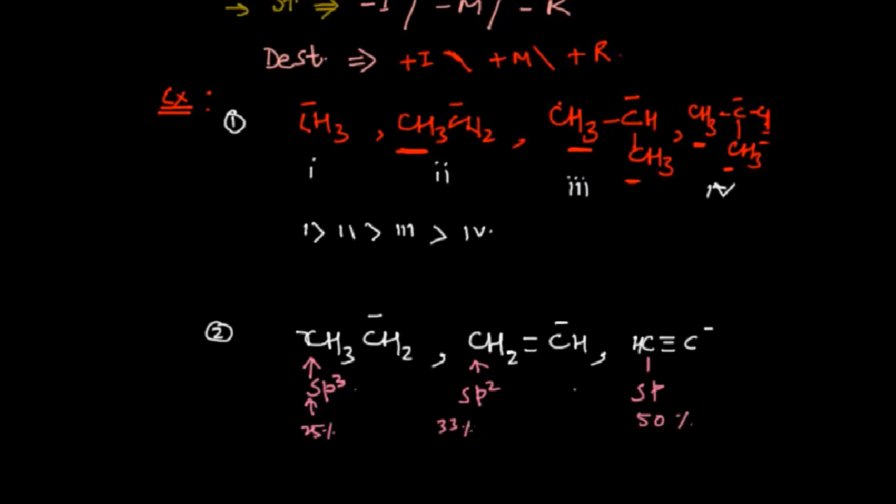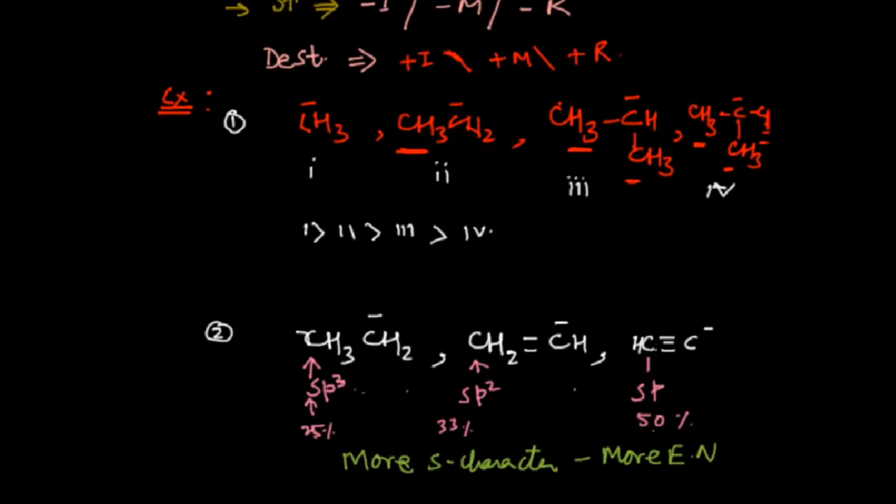More the s character, more is the electronegativity. That is a simple rule that we can use. So 50% would have more electronegativity than 33%, than 25%.